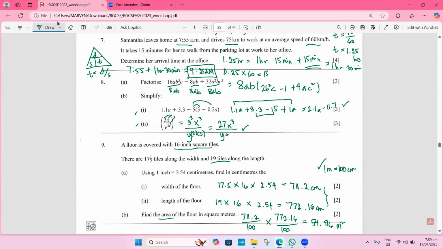That's the floor area. Again, you can take a screenshot of this answer and revisit it in your free time.